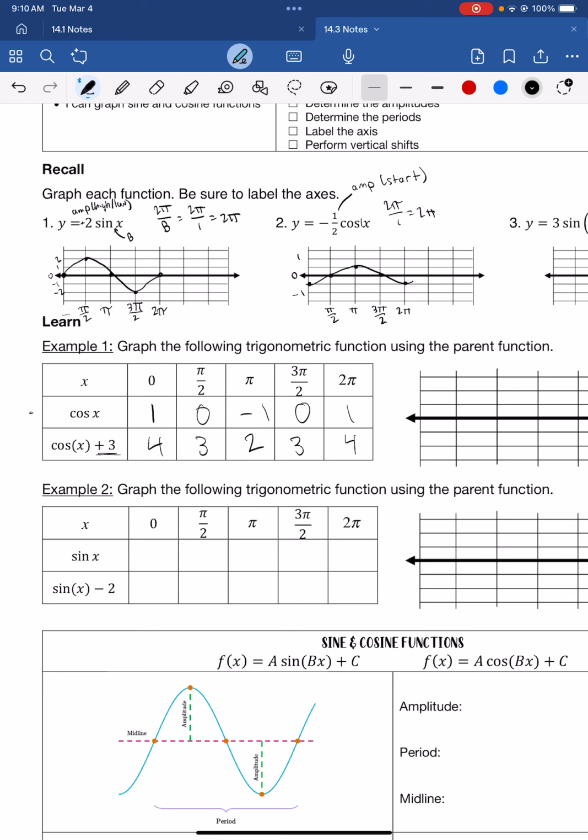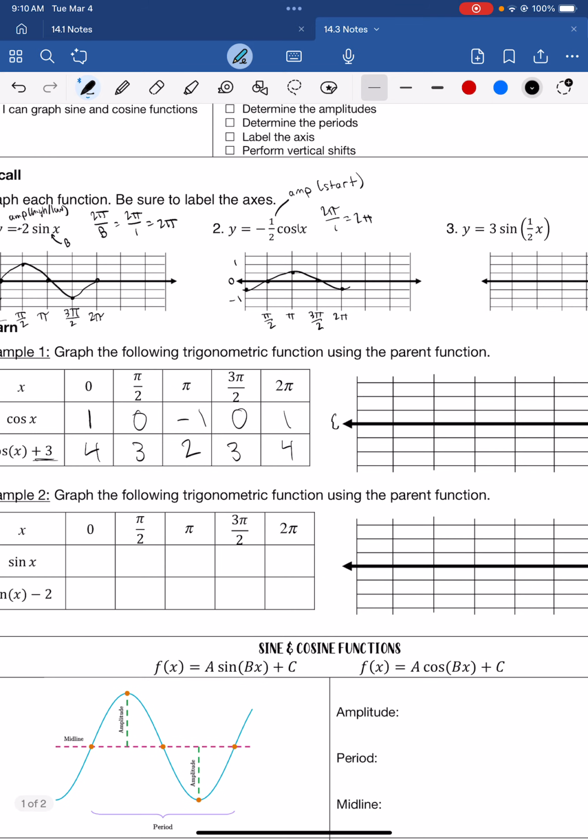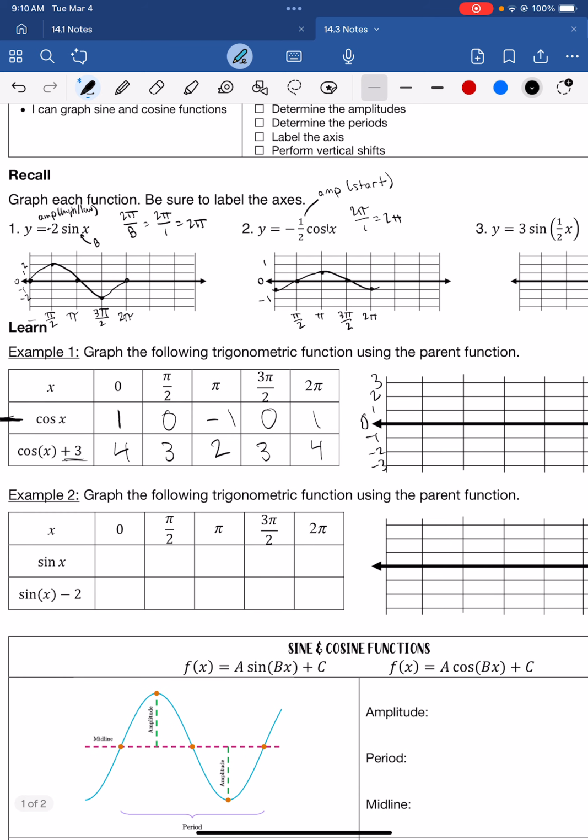So if we graph this first one in black, this is just going to be our normal cosine graph. So 0, 1, 2, 3, -1, -2, -3 here. We have our normal period down here, so pi over 2, pi, 3 pi over 2, and 2 pi. And for our normal graph, we would start at 1 right here.